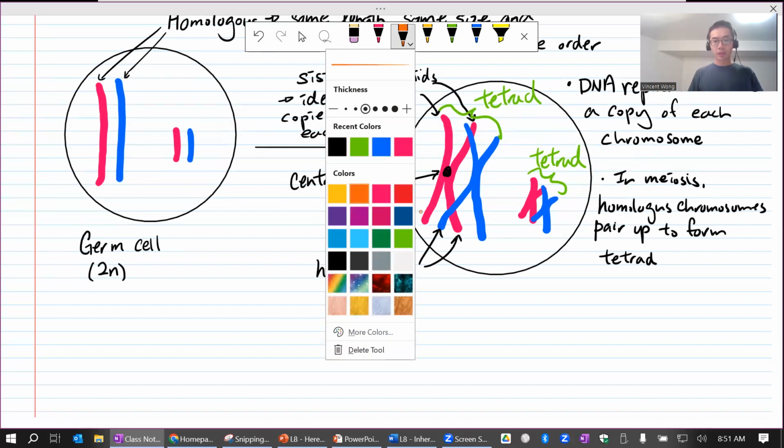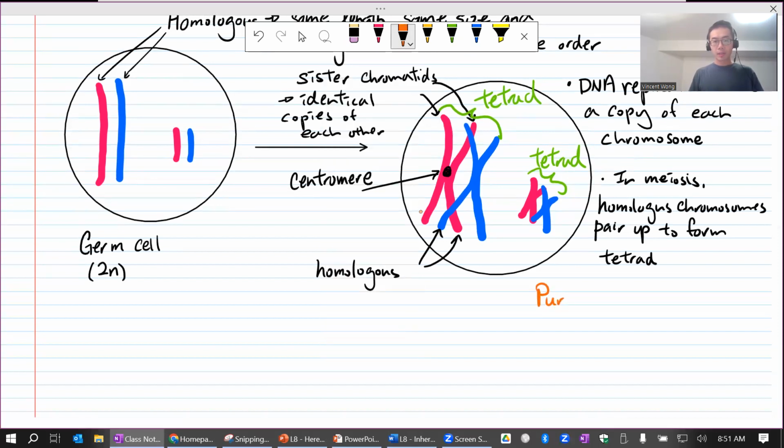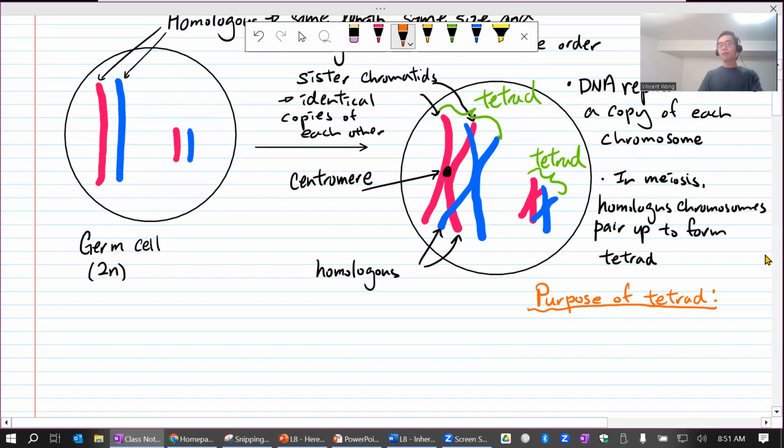I'll choose a different color here. Purpose of tetrads. Okay. Why are we forming the tetrads? Formation of the tetrad allows you to do genetic recombination. Okay.